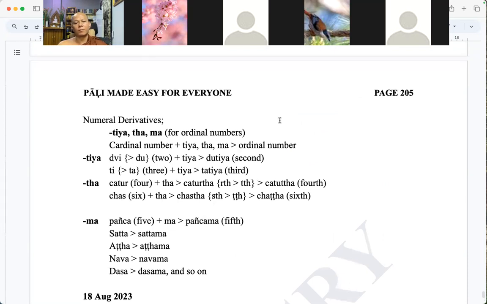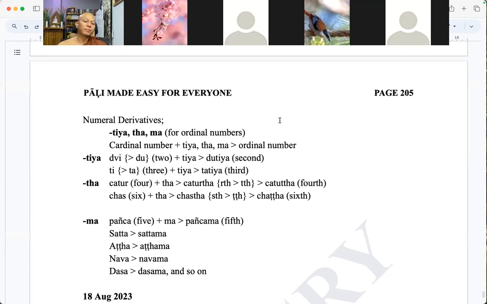In here, Bante, we have eka is 1, and when it changes into the ordinal number it becomes patama. It's a special one for eka.